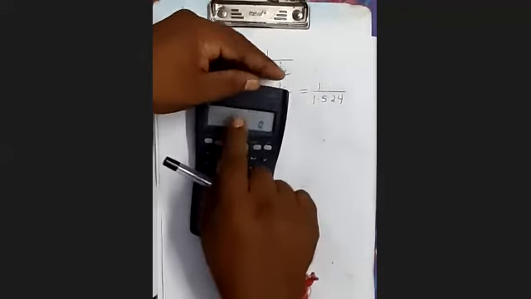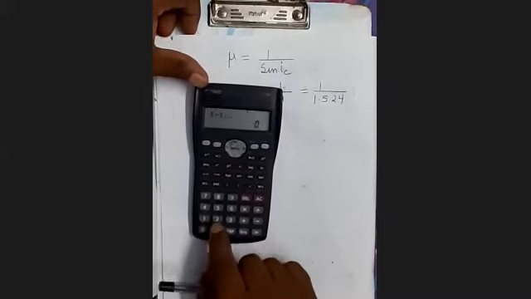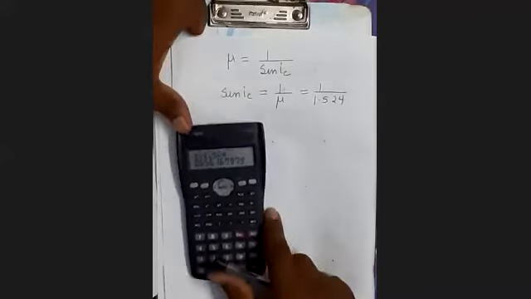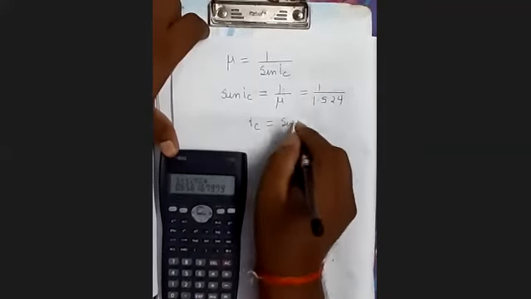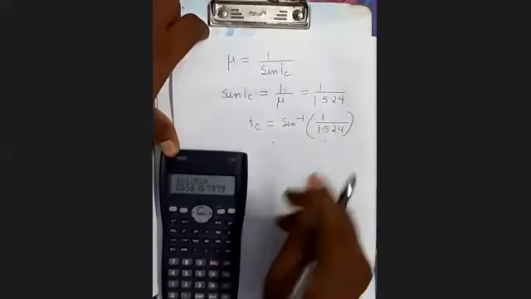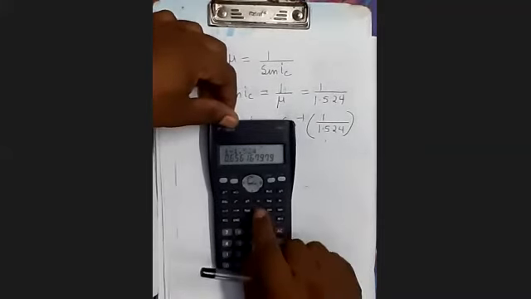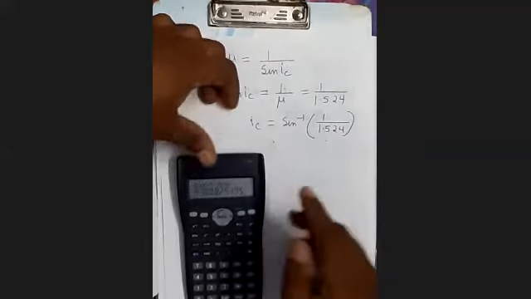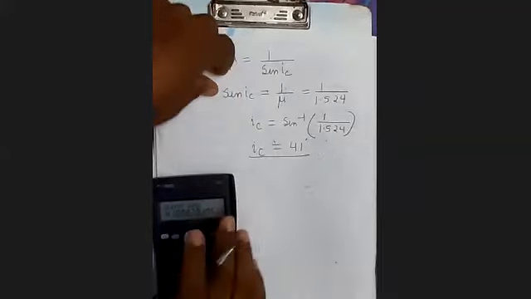Now this should be in degrees. So 1 divided by 1.524 comes out this. Then you have to take sine inverse, because IC equals sine inverse of 1 upon 1.524. How will you find the sine inverse? Shift, then press the sine button, and the answer is 41 degree. IC equals 41 degree.